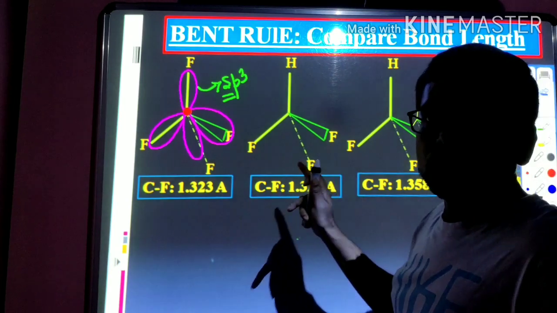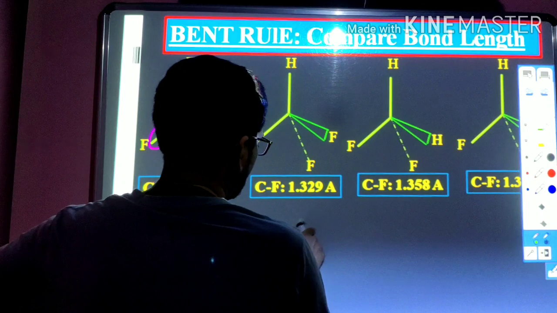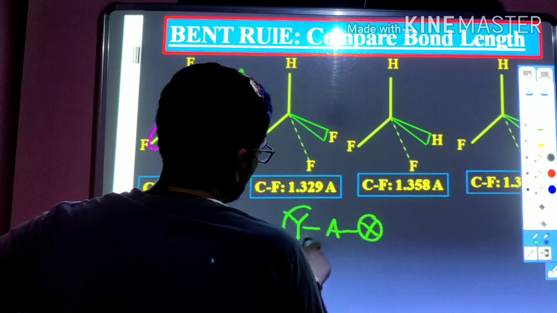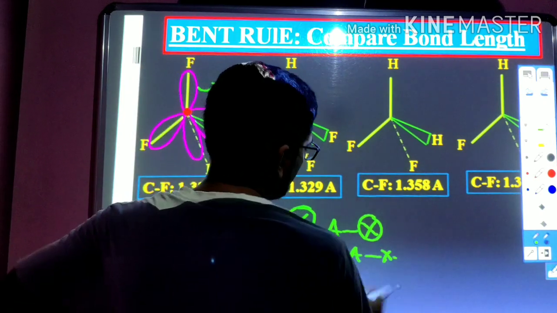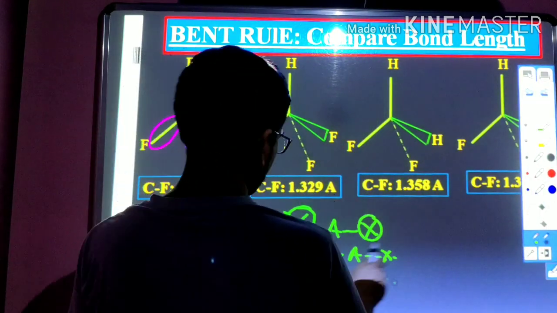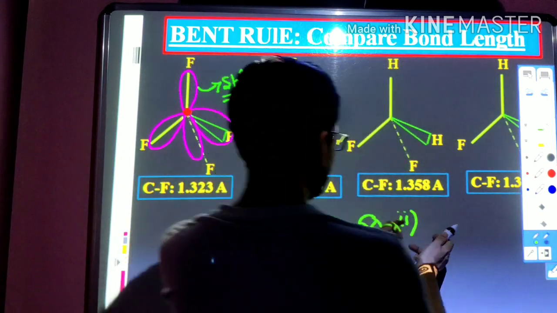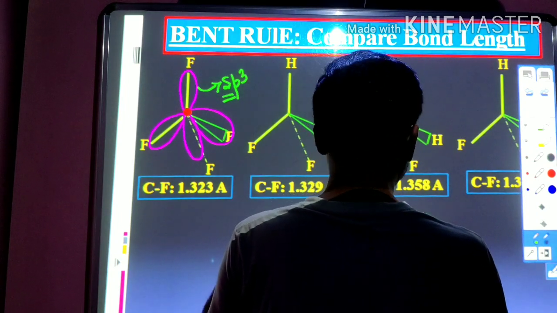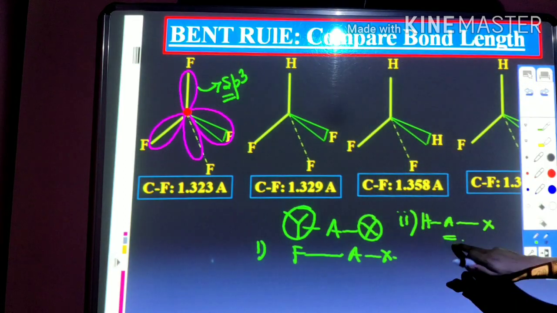Okay, no problem. Like in the earlier case, if we replace Y by F, what have you seen? Now, if you replace Y by H, a less electronegative element than Y, do you get my point?